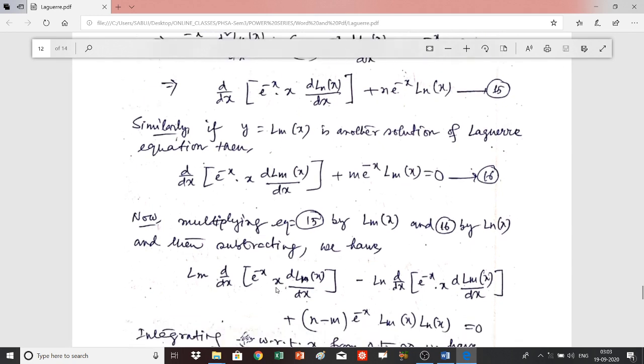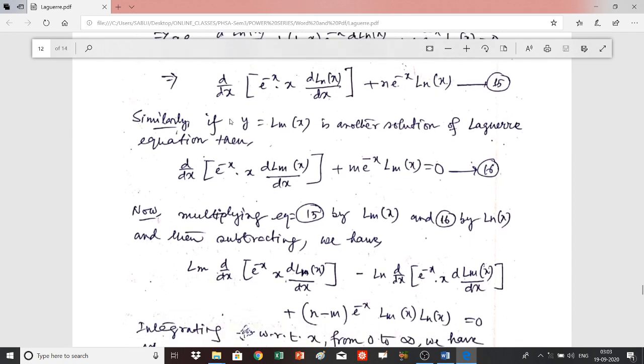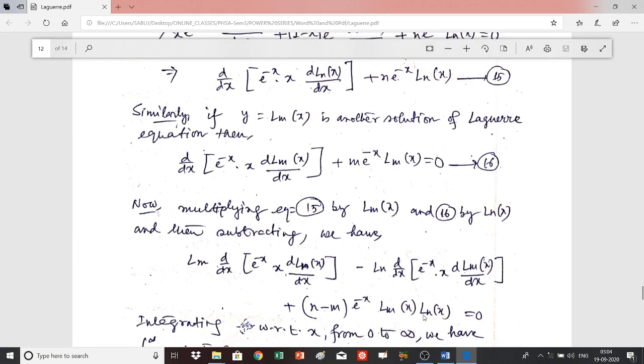If you multiply this by lm, lm is here, d/dx of e to the minus this term is there. And from here, since you are multiplying this by ln, ln is there, d/dx of this entire term is there, and after that you can write it as n minus m e to the minus x lm x ln x, that is equal to 0.